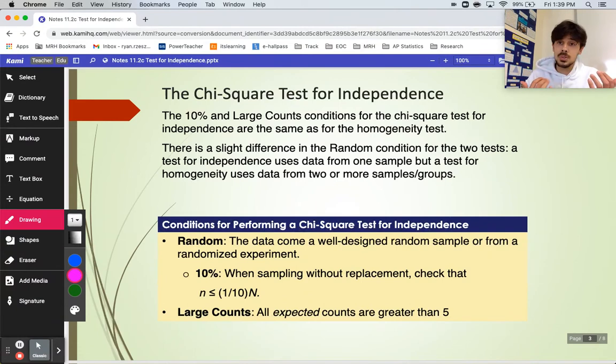But for these other two tests, homogeneity and independence, the work and the calculations and the conditions are pretty much the same. The one difference, and it talks about this at the top, is that when you do independence testing, you have one sample, whereas if you do homogeneity, you have two or more samples or treatment groups.